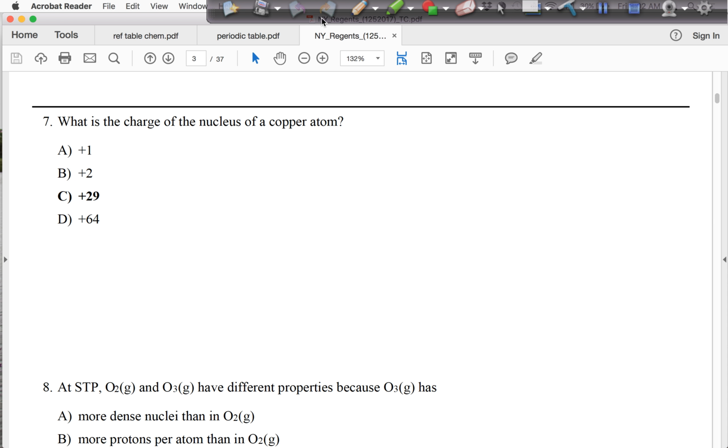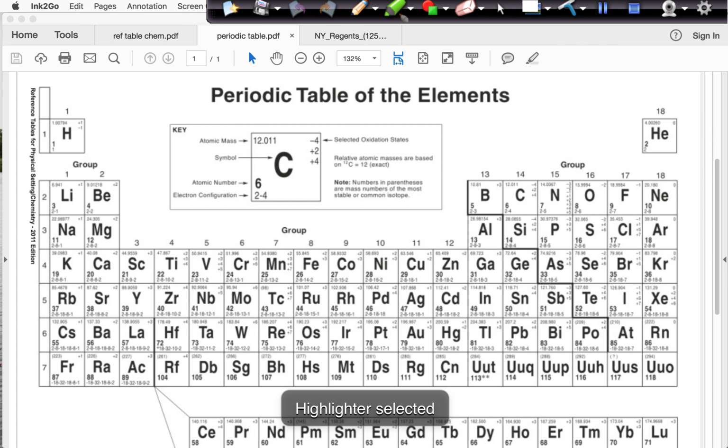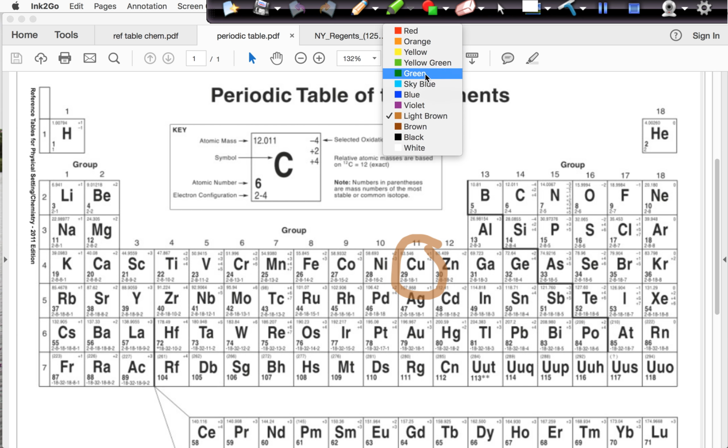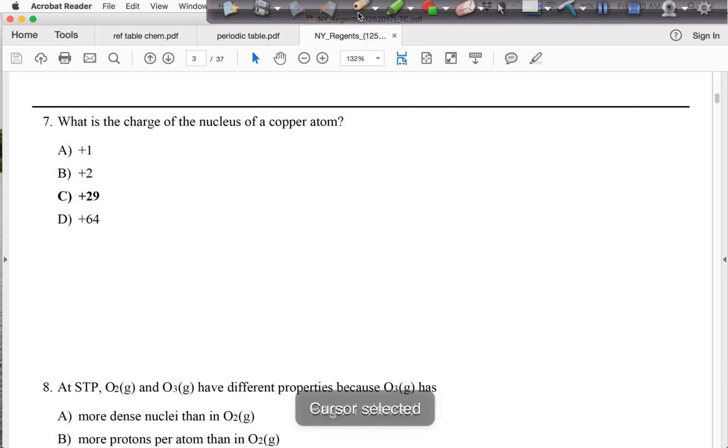What is the charge of the nucleus of a copper atom? So we need to look up copper on the periodic table, and copper has 29 protons in its nucleus.